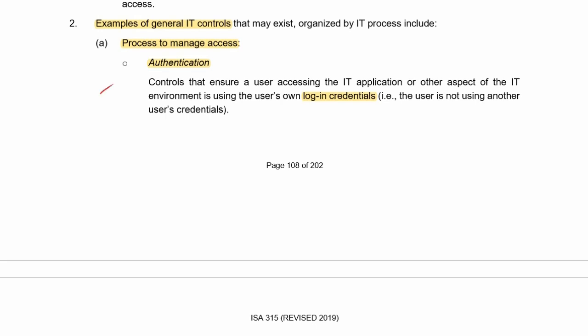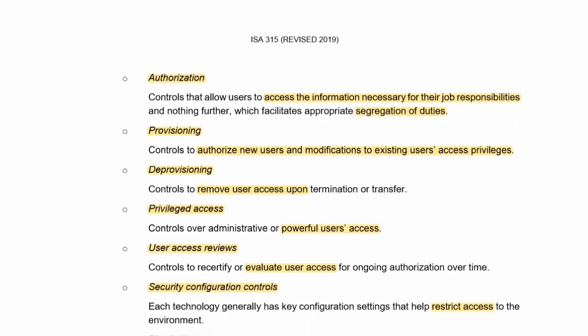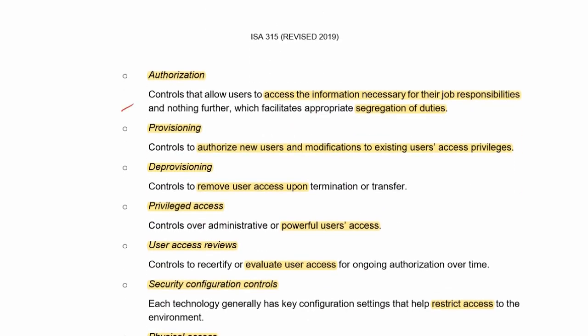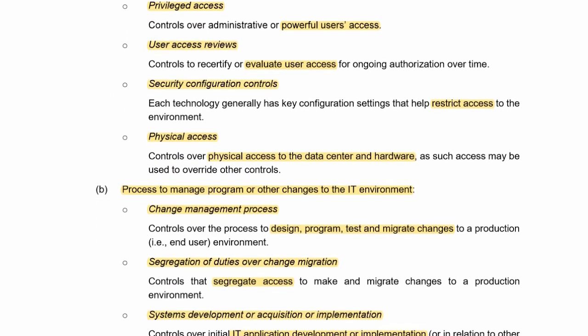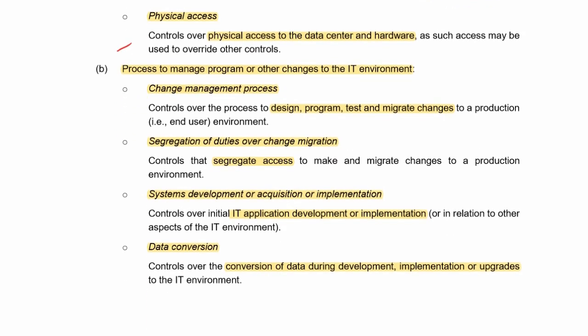So your access controls, and for authorization, so that you've got segregation of duties, and to authorize new users, and to remove access for people who have left. You need to have physical access controls. And then program changes and managing of programs.